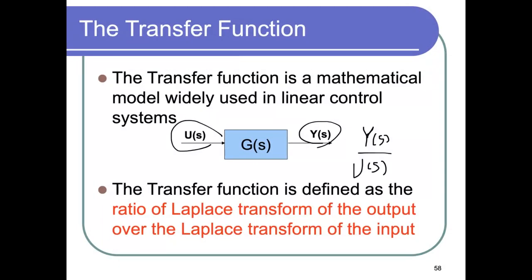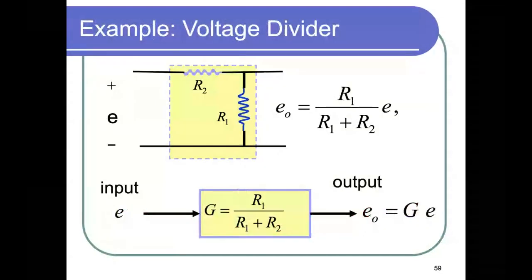So it is defined as the ratio of the Laplace transform of the output over the Laplace transform of the input. So when I have these blocks, they represent an input-output relationship. As an example, this is a time domain example, but the reason we can do this in time domain is because this is a static circuit. It doesn't have a time element.